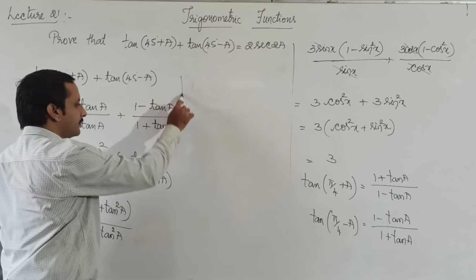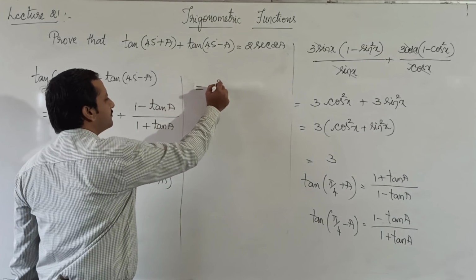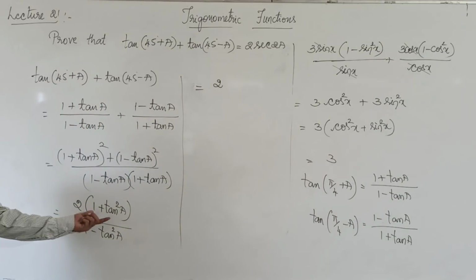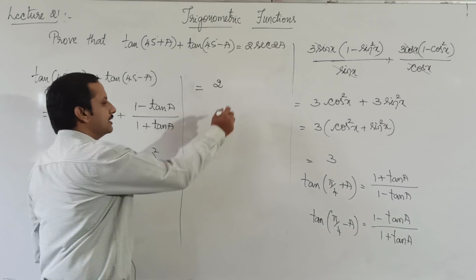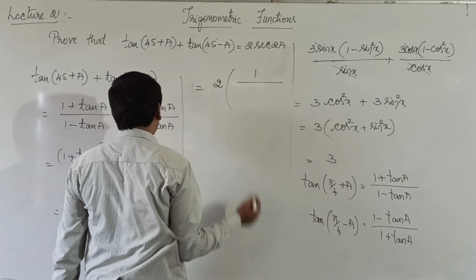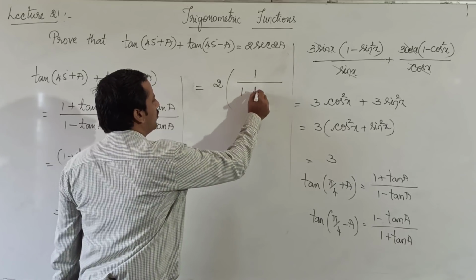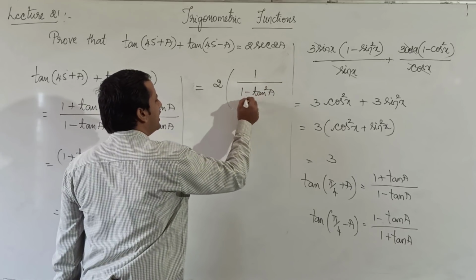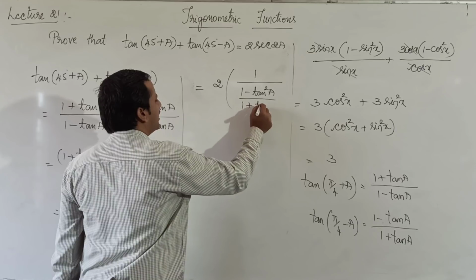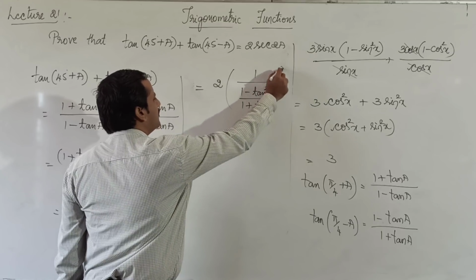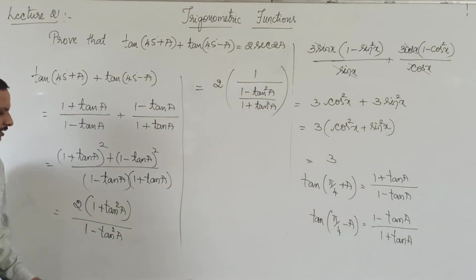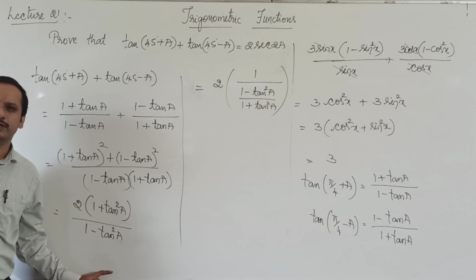That's equal to 2 into 1 divided by (1 - tan² A) divided by (1 + tan² A). This 1 + tan² A I have taken down to the denominator.